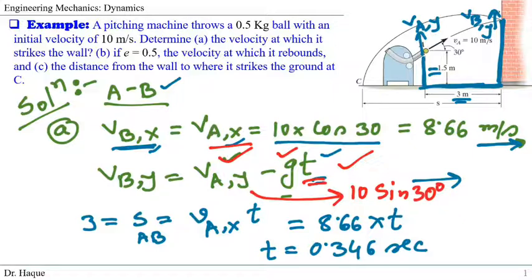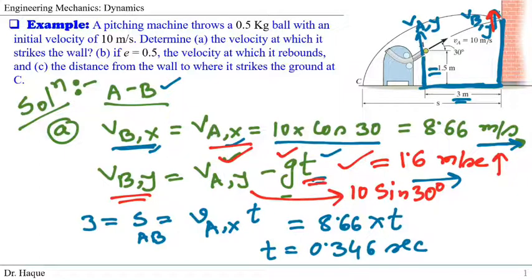Y component. So if you find that, you can find VBY. If you plug in this value, check yourself. I'm just going to give you the answer. It'll be 1.6 meters per second, and since it's moving upward, the component direction would be upward.